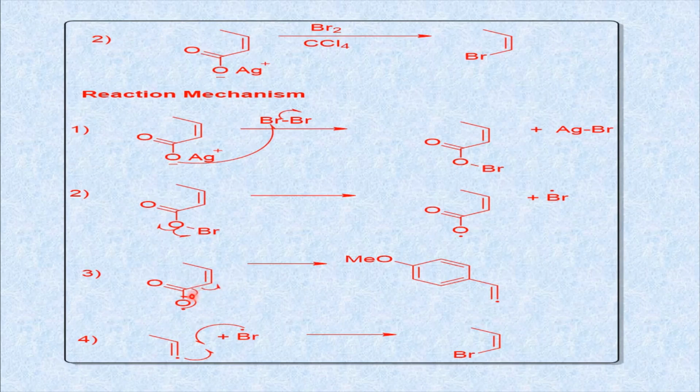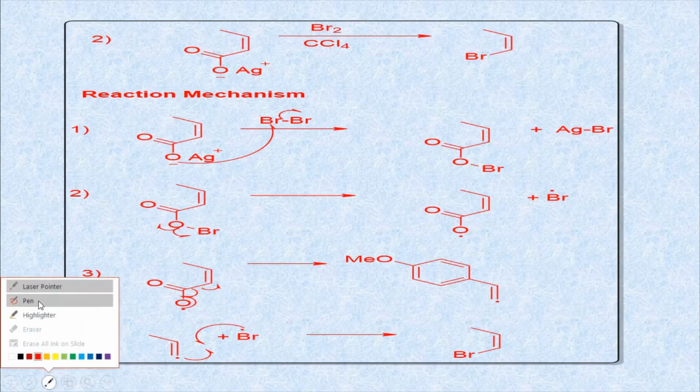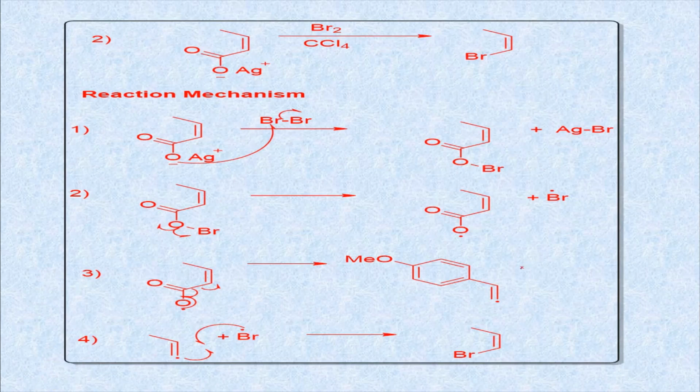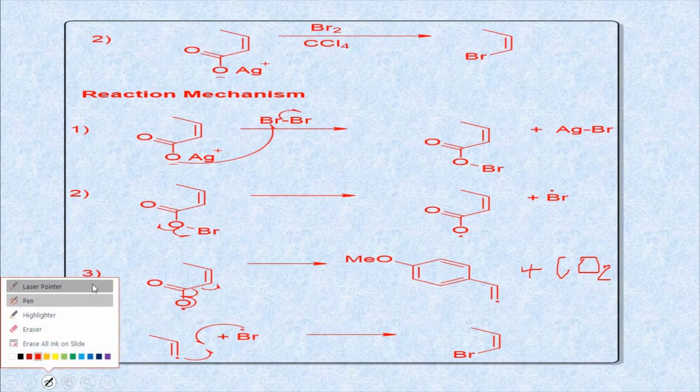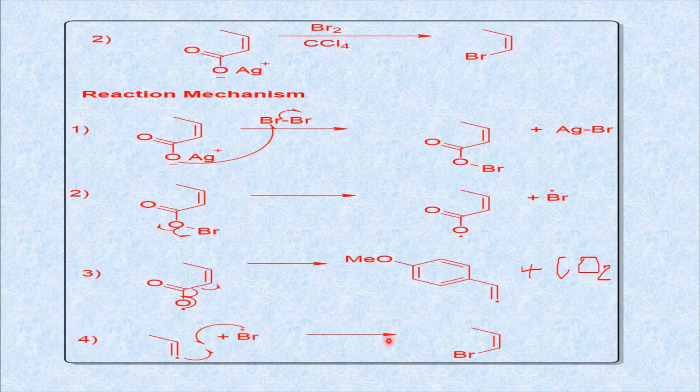This C radical reacts with the O radical and converts to CO2. The next step, this CH2 radical reacts with the Br radical, and you will get this vinyl bromide.